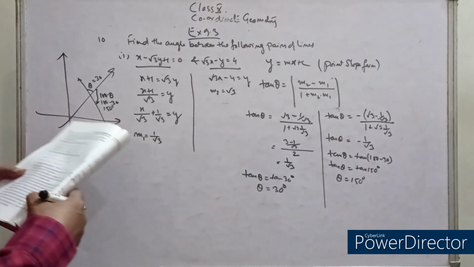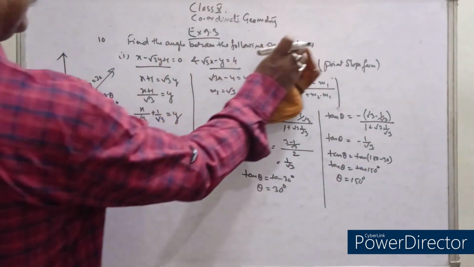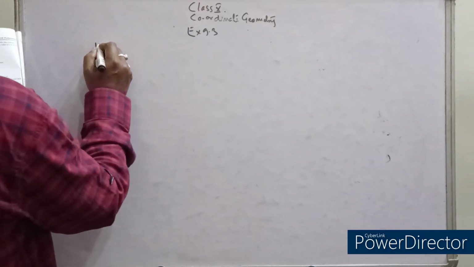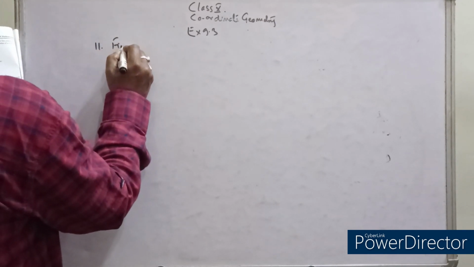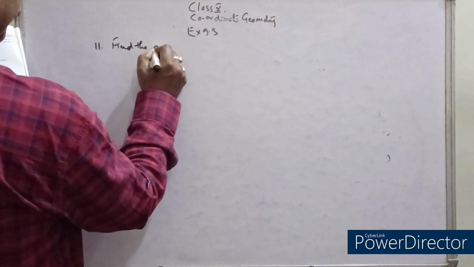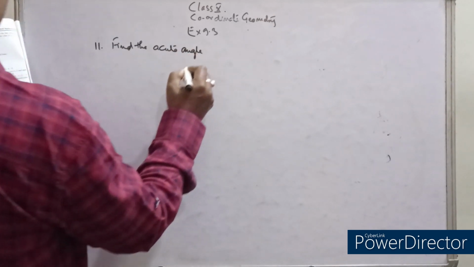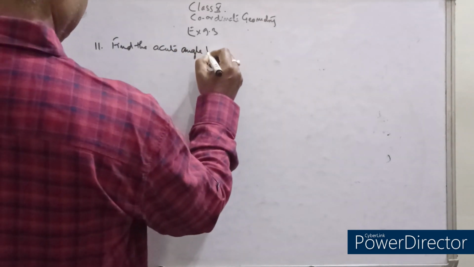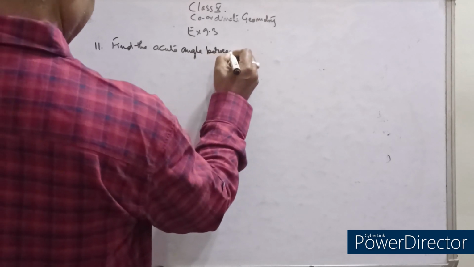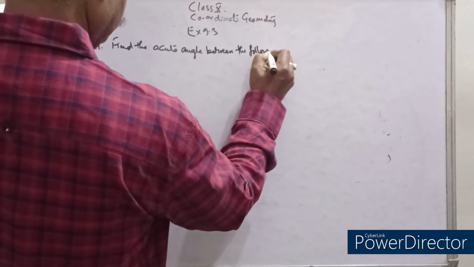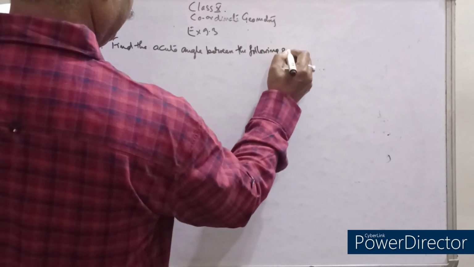But in question number 11, it has been clearly stressed: find the acute angle between the following pairs of lines.